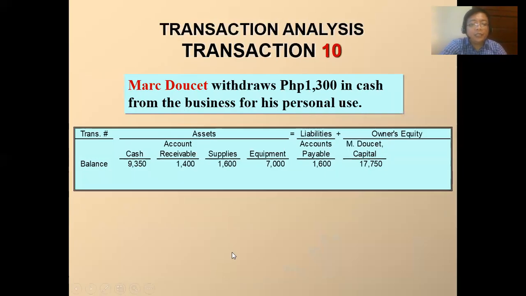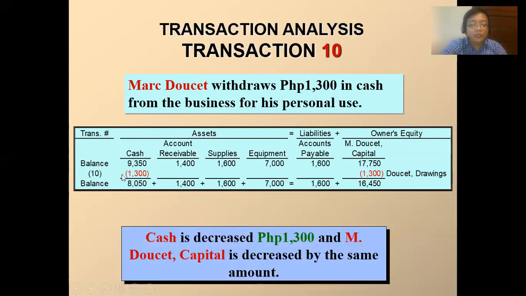Number 10, Mark Doucet withdraws cash worth 1,300 for his personal use. So meaning it will deduct your cash by 1,300 kasi common sense, mababawasan yung pera mo. And also will deduct drawings from capital kasi ito yung withdrawal ni Doucet, di ba? So of 1,300.